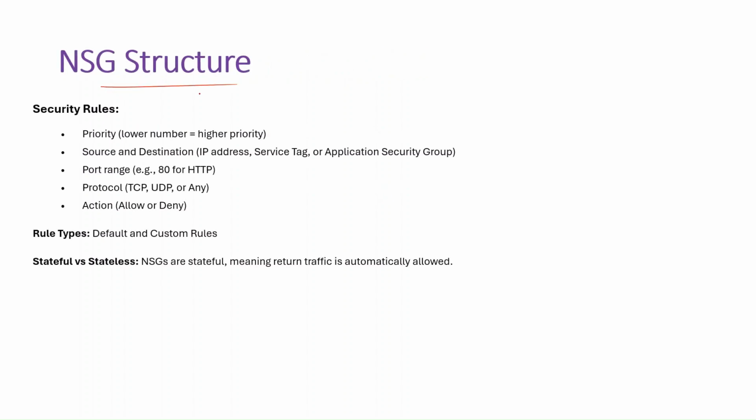Now the NSG structure. Whenever you create a new NSG, it works on 5 tuples. First is priority. Whenever you write a rule, it starts with a definition, asking you to define the priority of that rule. Priority starts from 100 and goes up to 65,000, and each priority defines whether the rule allows or denies the traffic.